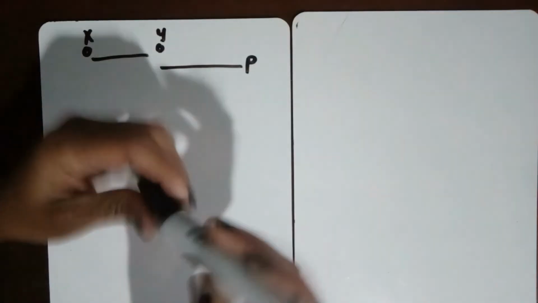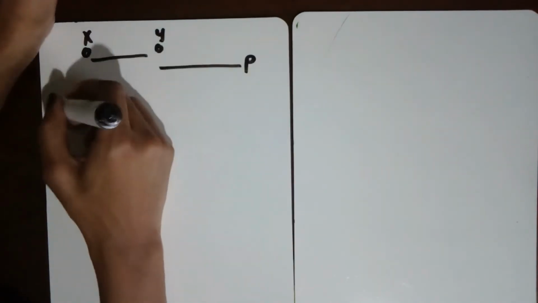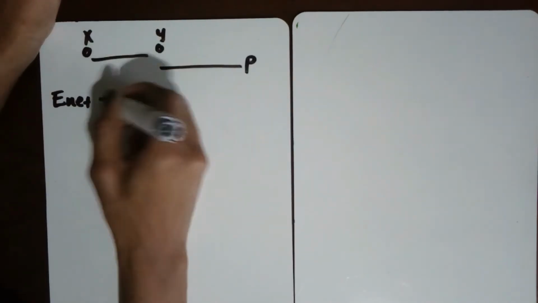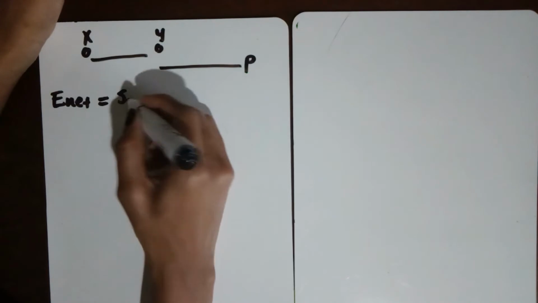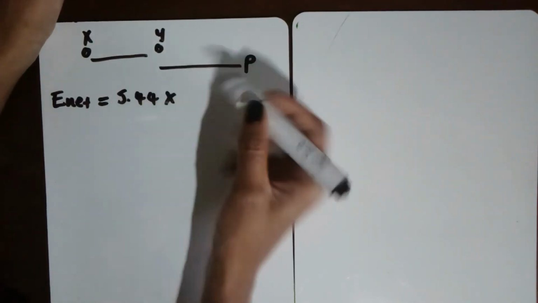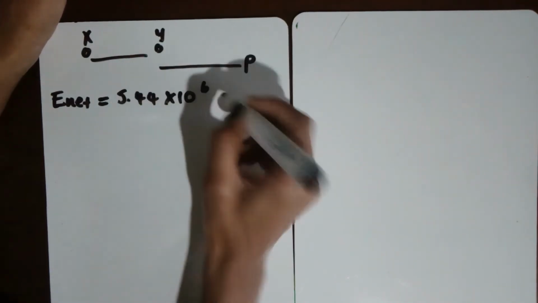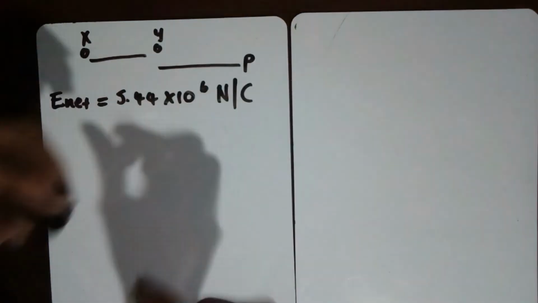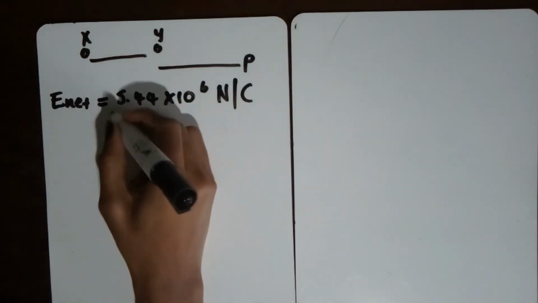So we were told that the net electric field at this point here was 5.44 multiplied by 10 to the power of 6 newton per coulomb, to the left.